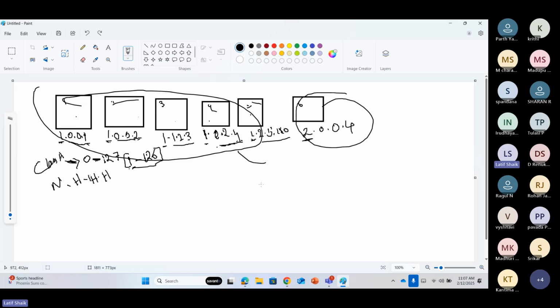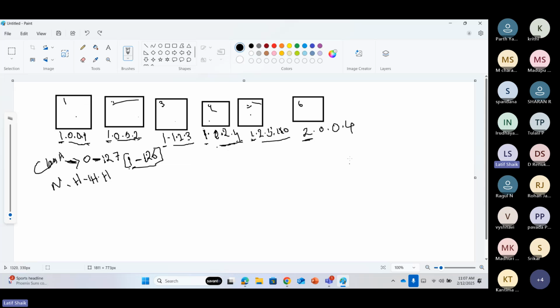Or you can change their IP address. For example, if by mistake you have configured it like this, you have to realize and change the IP address. You tested it, and this system is not communicating with any of the other systems. Then you go to the sixth system and check the IP address, and it shows 2.0.0.4.